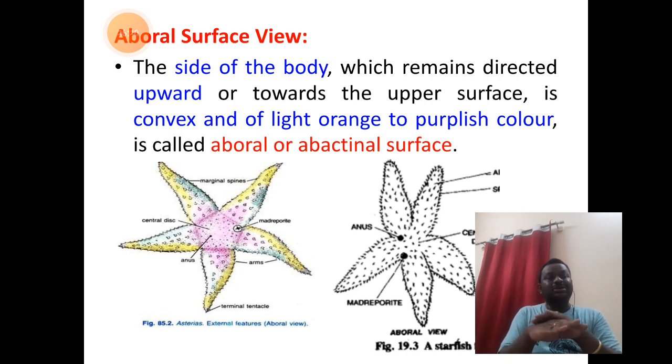We know that the aboral surface of the body is slightly convex, and its color is light orange to purplish. This surface we call the aboral surface or abactinal surface. This is the region where the mouth is absent. So opposite to the oral surface is called the aboral surface.